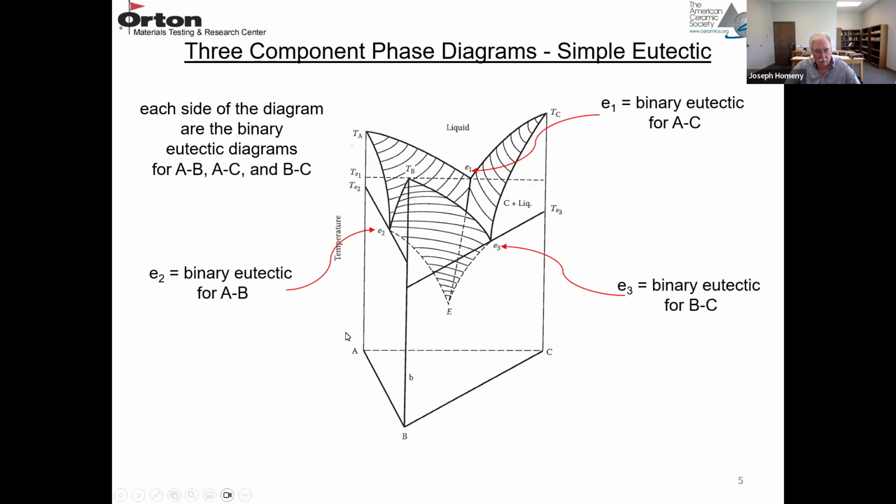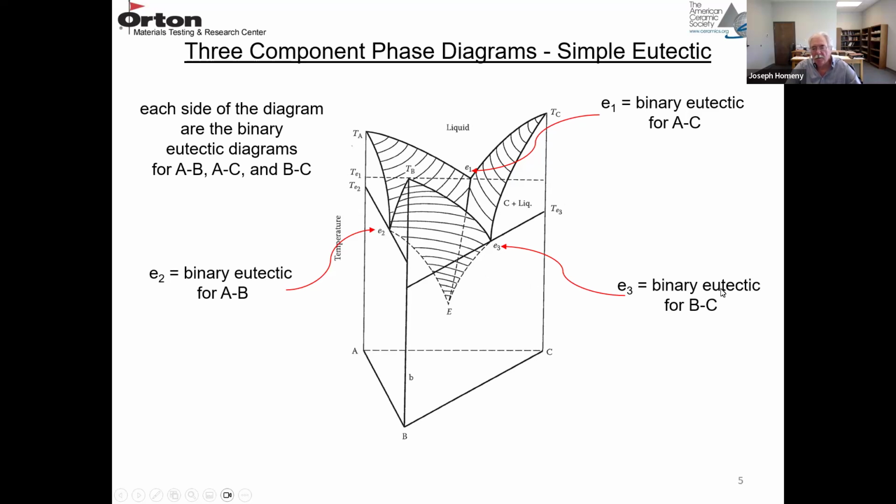Each side of this ternary phase diagram is really a binary phase diagram, and in this particular model they're simple binary eutectic diagrams. Point E2 is the binary eutectic for side AB, and the horizontal line that intersects E2 is a solidus curve.